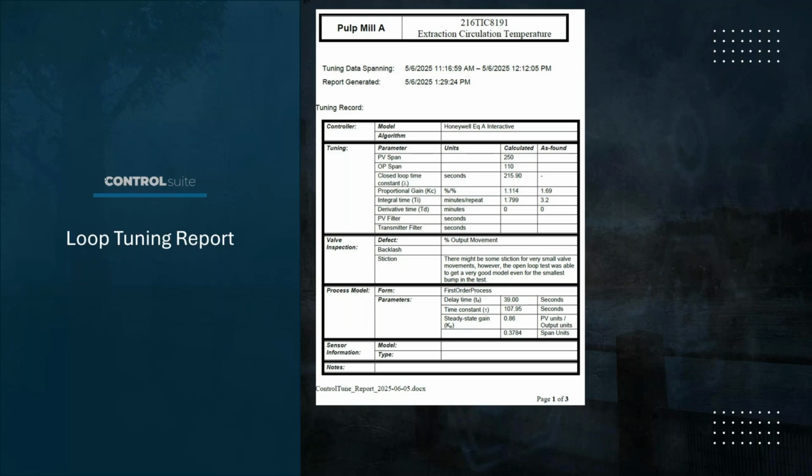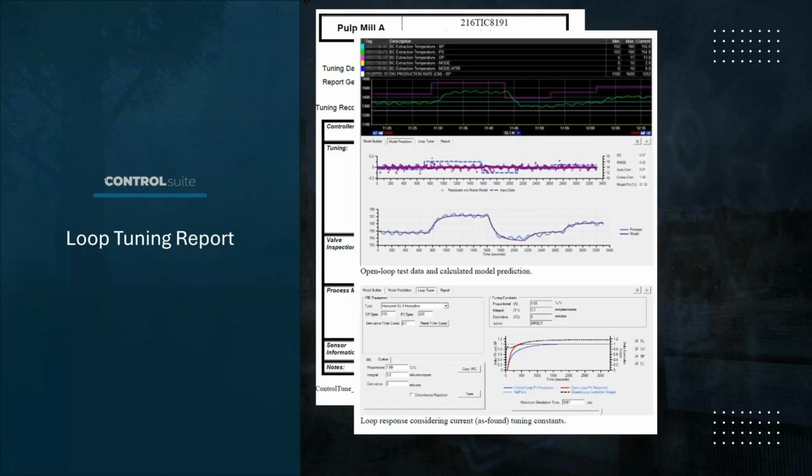Here you can add notes, you can identify who did the tuning, and you can store all this information on your workstation. Note that the tuning parameters are in engineering units that the controller can understand. This function has been tested in an offline model, so installing these in the controller will not cause any process upset.